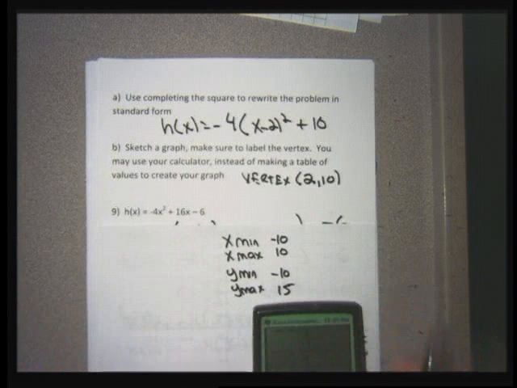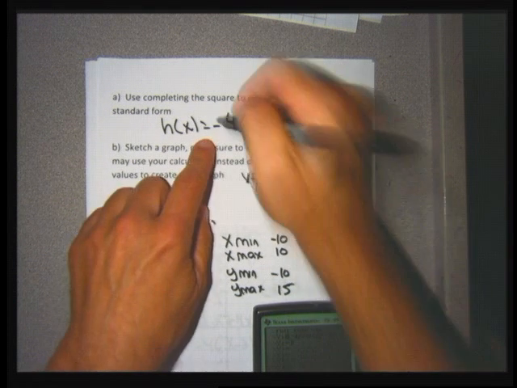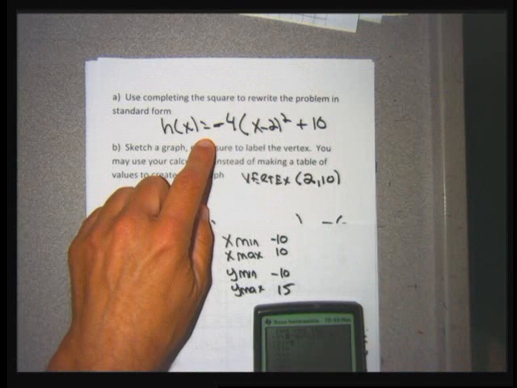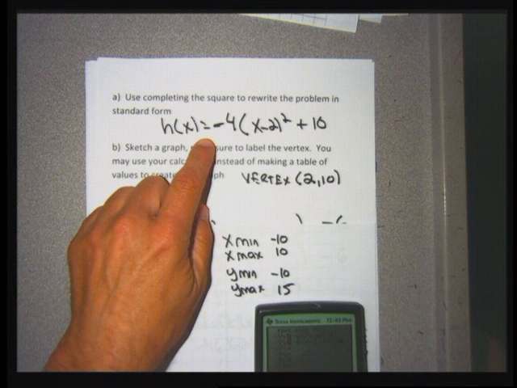So I'm going to hit my y equals button, clear and clear, type the negative 4x squared plus 16x minus 6 along with negative 4 times x minus 2 squared plus 10. Change my window so that the y max was 15.